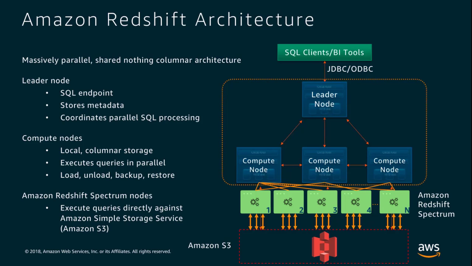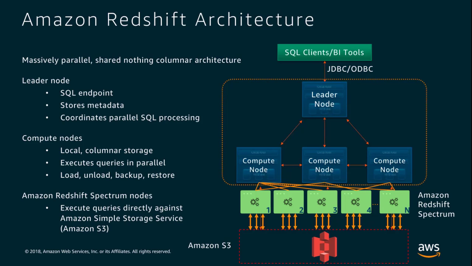Those compute nodes are where the data actually resides. So when you're querying Redshift, the data would be spread evenly across those compute nodes, and every one of those nodes would participate in executing the query entirely in parallel. That's how Redshift is able to scale to such high performance. Then beneath Redshift, we have Amazon S3.